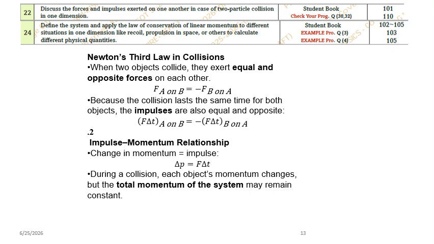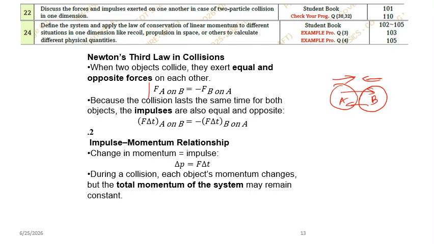In question number 22, discuss the force and impulse exerted in another case of two particle collision in one dimension. See, suppose two balls, ball A and ball B, are coming and colliding with each other. When they collide, according to Newton's third law, the force exerted by A and the force exerted by B will be exactly equal.